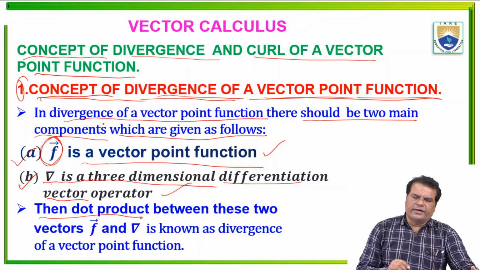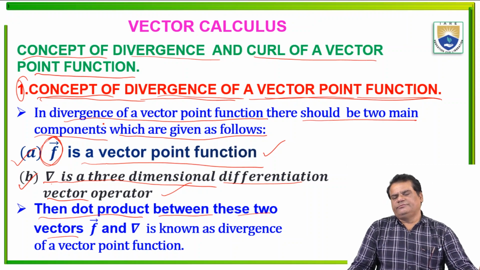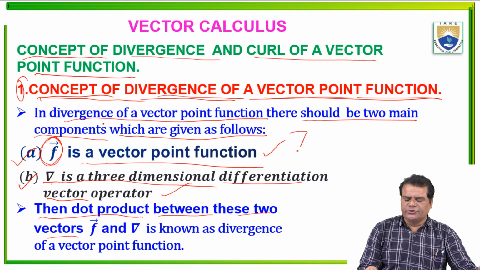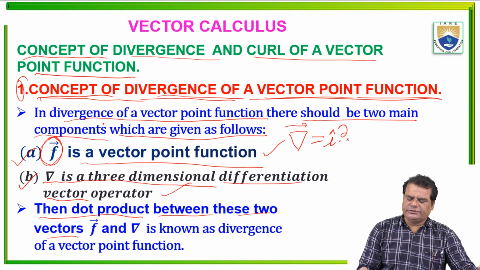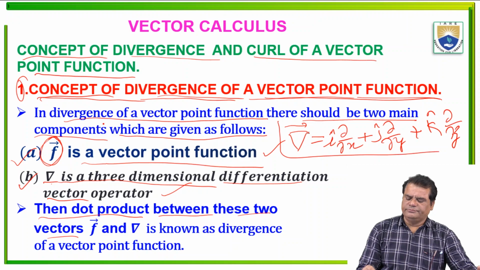Then there is the dot product between these two vectors. Del is also a vector. Del is i dou over dou x plus j dou over dou y plus k dou over dou z. This is the value of del.